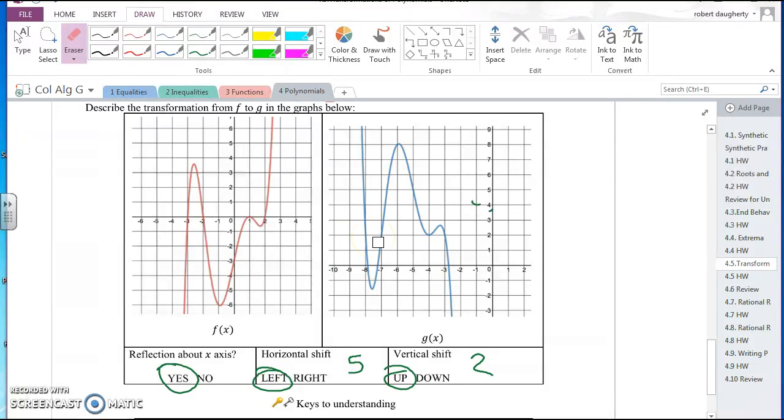In this case, the best one we could have picked was this point right here, because it's easy to identify graphically where the corresponding point is. Even though you don't know what this point is, you could tell that it moved to here. If this is where it was, then it was between 2 and 3, and it moved to between 7 and 8. So that's going to be 5 spaces to the left, and then you look at which way it moved down as well. Okay.